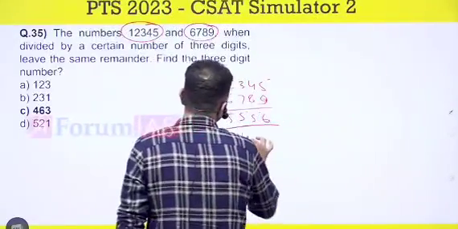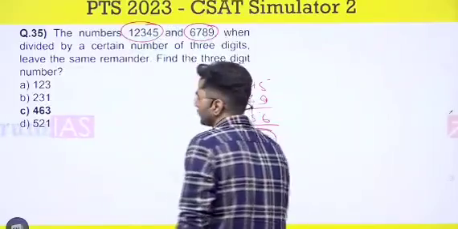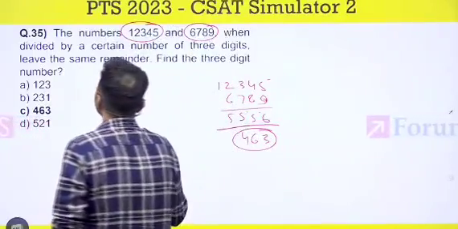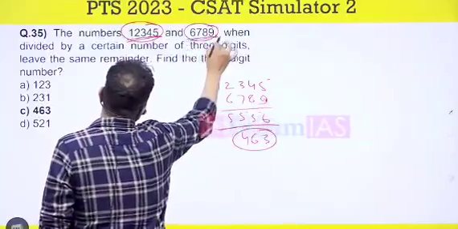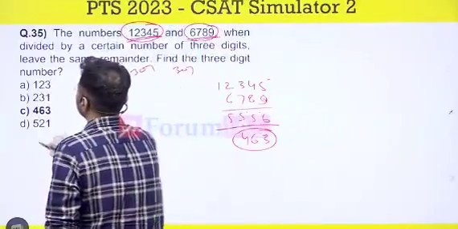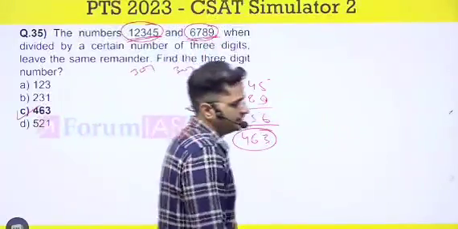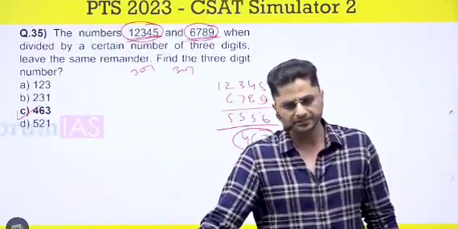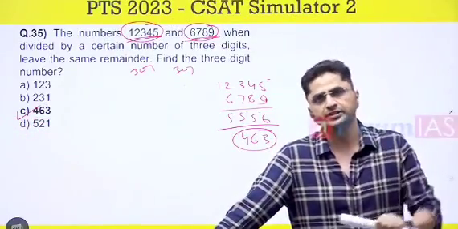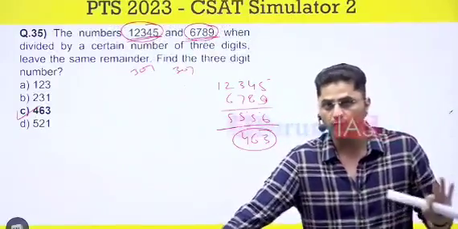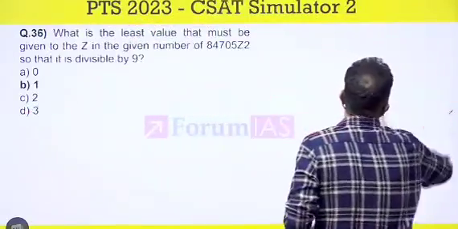So finally what you will get is 463. That will be one of the prime numbers. And if you divide this by 463, you get 307 as the remainder. So that is your answer. This was a tricky question. If you don't know the methodologies for doing these questions, they are better left off on that particular day.